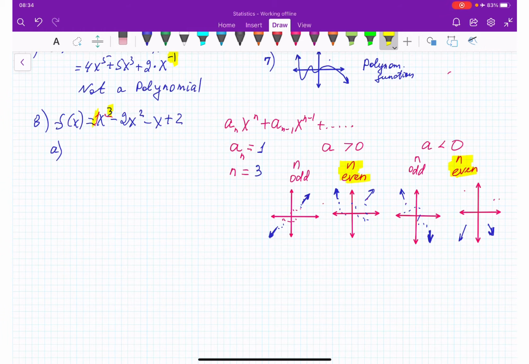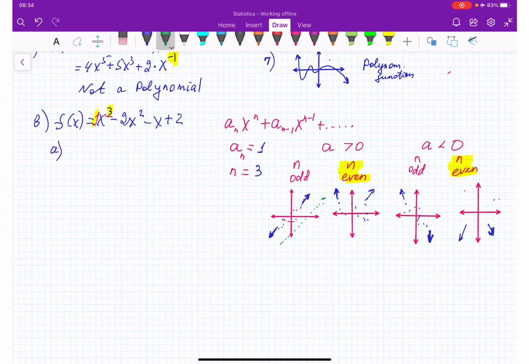Next, let's find the similarity. The degree is odd, for a greater than 0 and a less than 0. So pay attention: for n odd, let's say a greater than 0, can you see that it reminds you of a linear equation that is increasing?